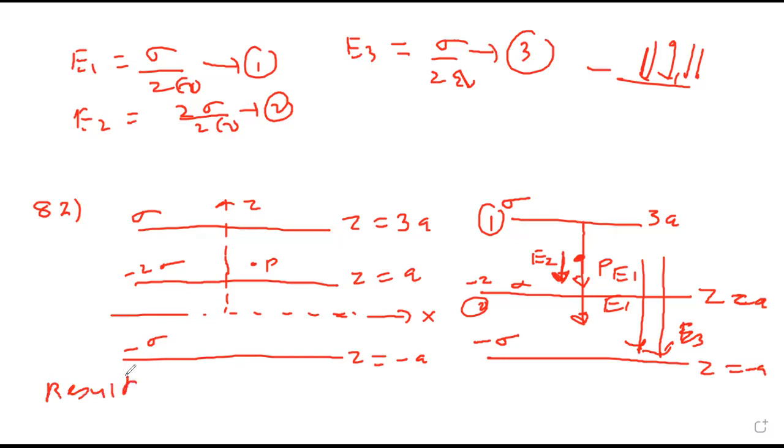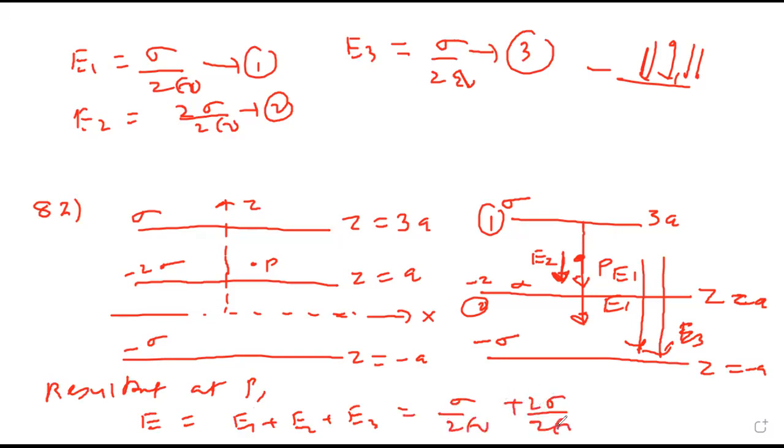All three? Yes, sir. So resultant at P will become E1 plus E2 plus E3, which is sigma upon 2 epsilon naught plus 2 sigma upon 2 epsilon naught plus sigma upon 2 epsilon naught. LCM is 2 epsilon naught. So sigma plus 2 sigma plus sigma is 4 sigma. Please copy this much. Direction is very important to get resultant.